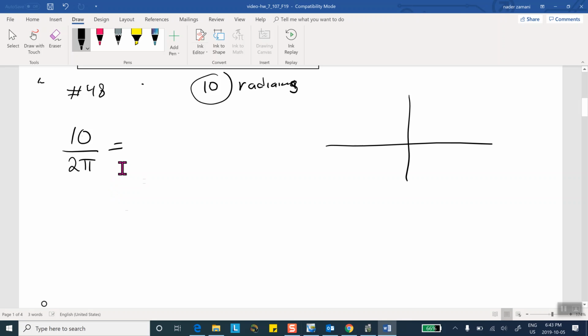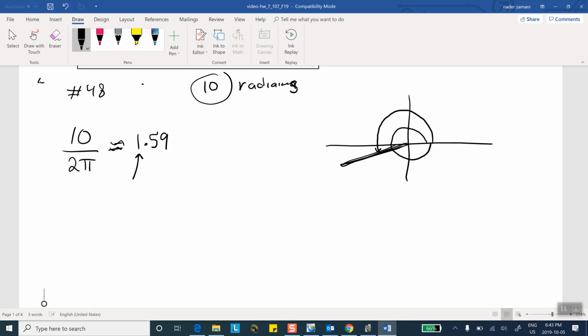If you use a calculator, you get approximately 1.59 cycles. So you go around one full cycle, and then you go about 0.6 of a cycle, almost half a cycle. So the angle that we're dealing with is right there.